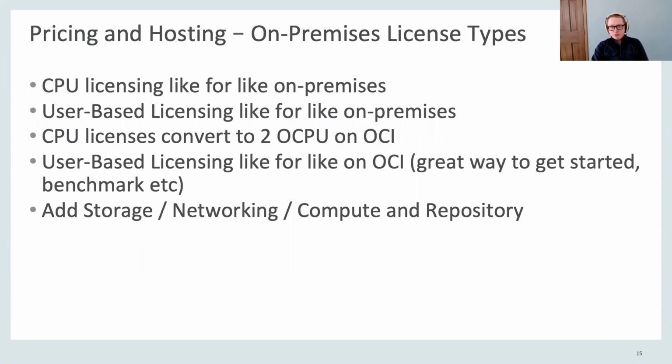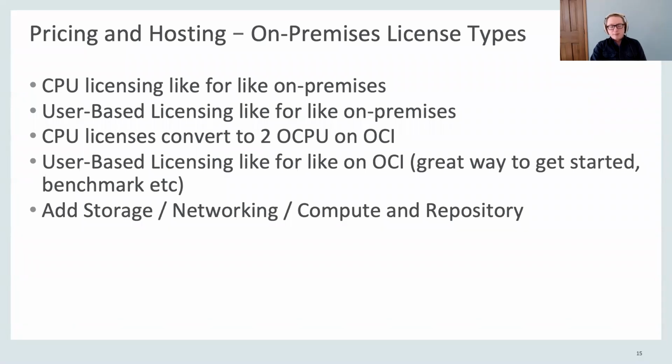If you have 100 user licenses, you can decide to split those user licenses between the cloud and your on-prem system. So if you can spare a few user licenses from your on-prem system, you can take these to cloud and get started and really spin up an environment that is as powerful as you like in terms of CPUs very inexpensively. That's a really good way to get started.